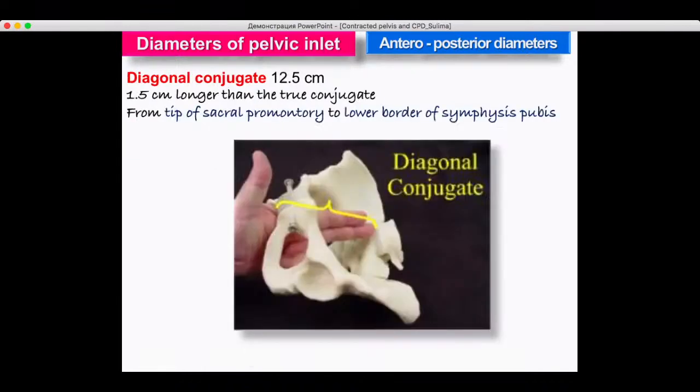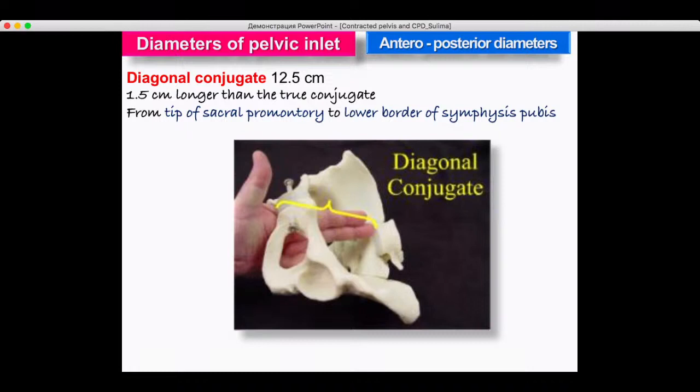How can you measure the diagonal conjugate? This is an inner diameter, and you can do it only during vaginal investigations. As I said before, it's impossible to reach the sacral promontory if you have normal sizes of the pelvis.